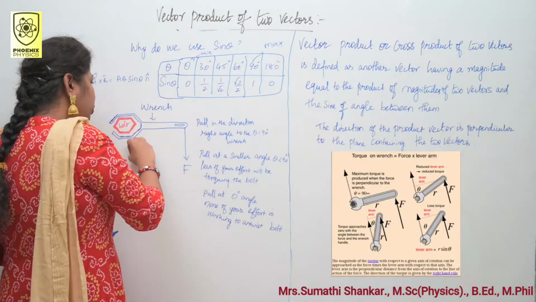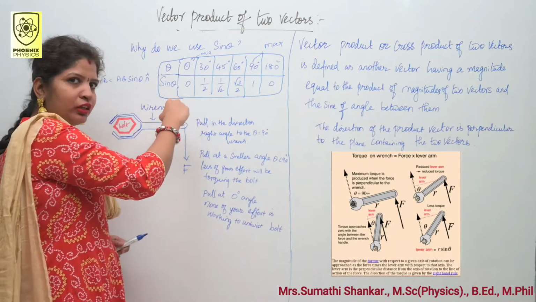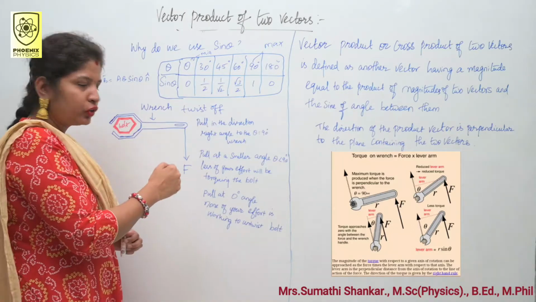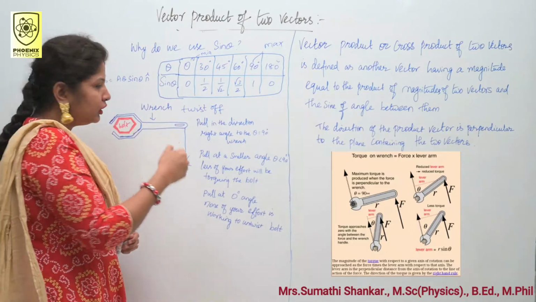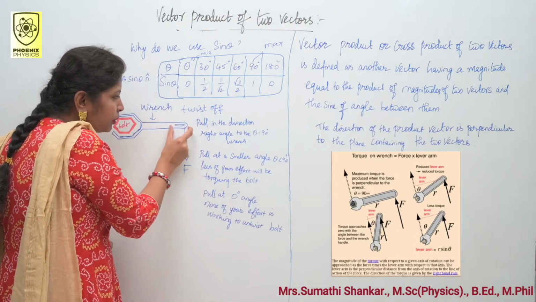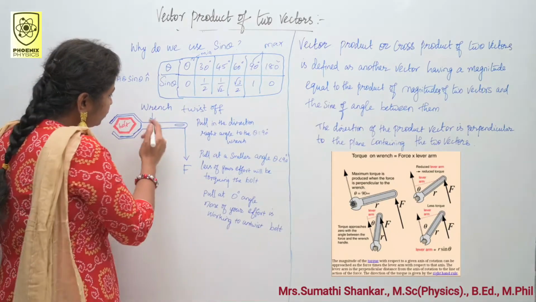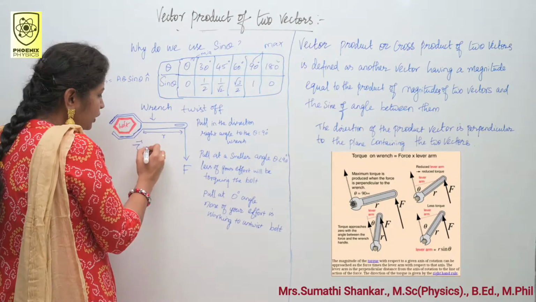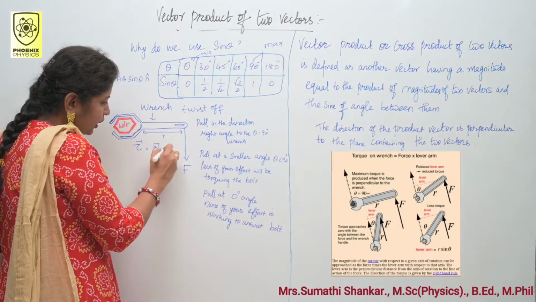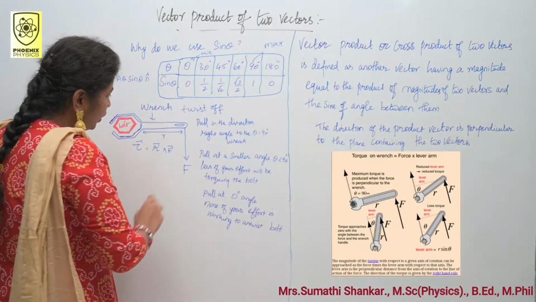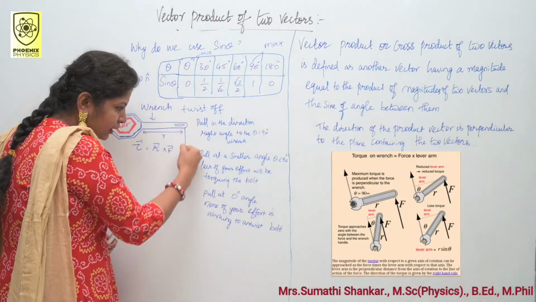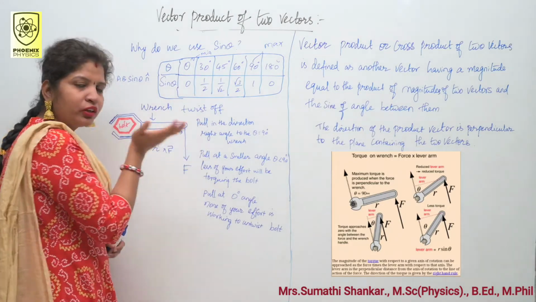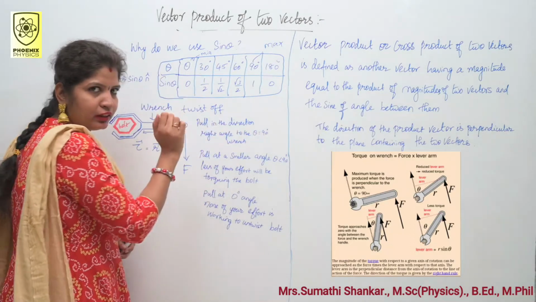Up to this clear? Now, consider a wrench. Imagine pulling on a big wrench in order to twist off a bolt. Suppose you pull in the direction perpendicular to the wrench. So this is our R vector and this is F vector. You know the formula, tau can be written as R cross F. So if you pull in the direction perpendicular to the wrench, at a right angle to the wrench, theta is equal to 90 degrees.